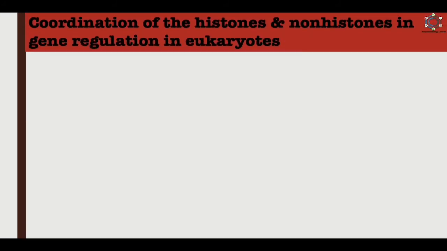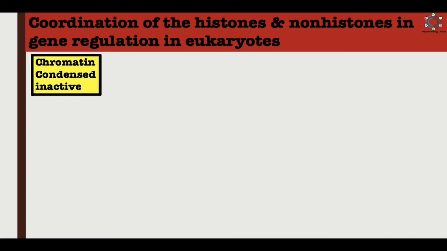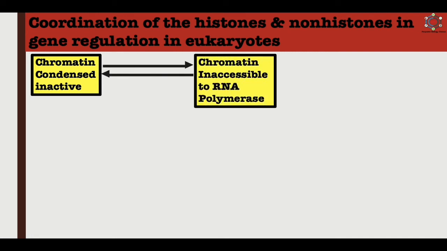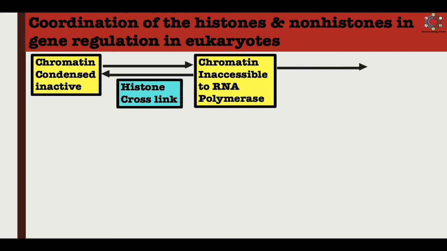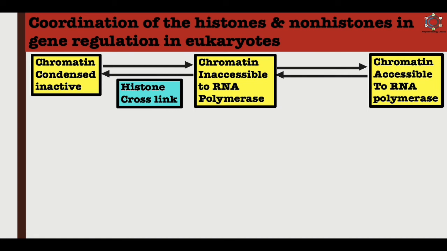So now, the coordination of histones and non-histones in gene regulation in eukaryotes. Here, at first, the condensed inactive chromatin is converted into chromatin inaccessible to RNA polymerase in the presence of histone crosslinks. In eukaryotes, gene regulation is also thought to depend on histone and non-histone proteins associated with the DNA.